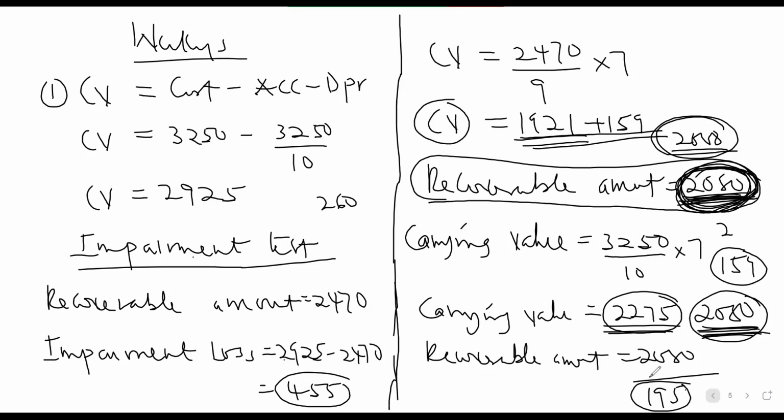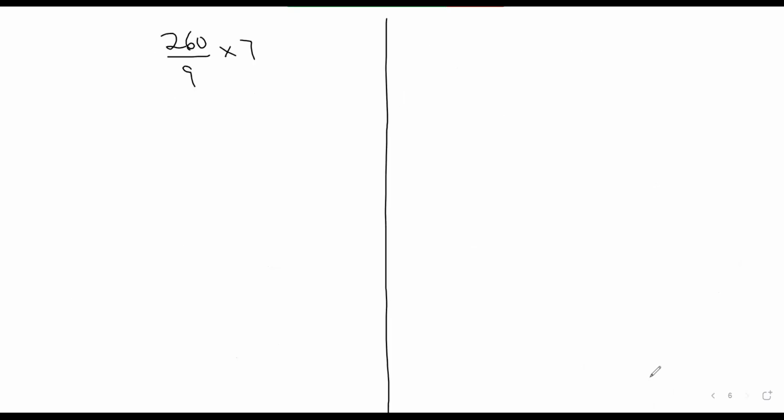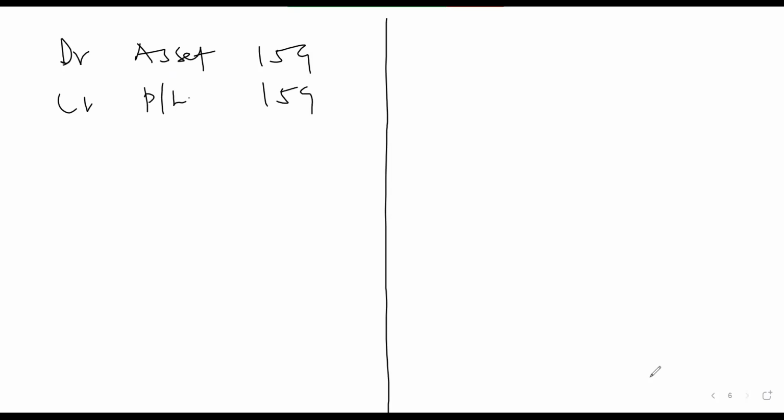So you debit the asset with the 159, then you credit your profit or loss. You are going to reverse this part of the impairments. So that's how you go about it. This reversal of impairment, which we are crediting, is an income. It will be subtracted from administrative expenses.